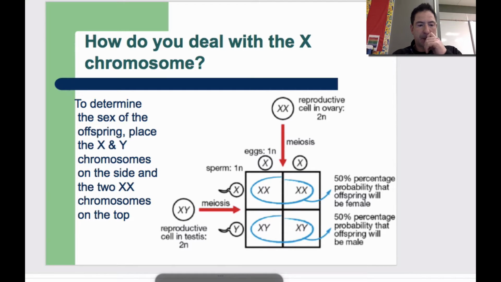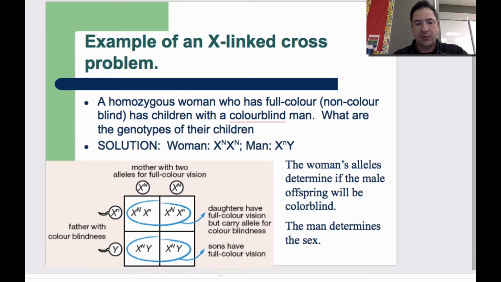So hopefully that's clear. So I'm just going to show you one more type of Punnett square here, and this one sometimes gives people a little bit of problems because it's a little different, obviously, than the autosomal, and you'll see what I mean. So this is called an X-linked cross or a sex-linked cross.